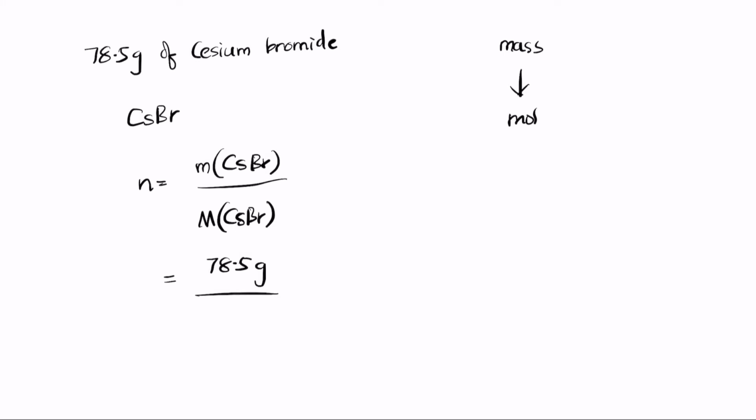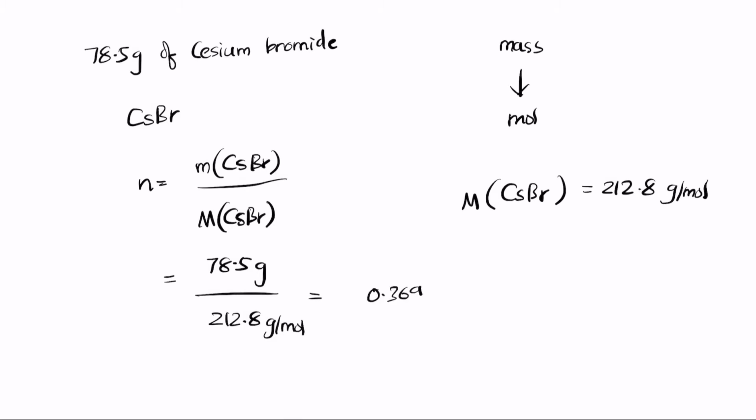When you calculate the molar mass of cesium bromide from the periodic table, you should get a value of 212.8 gram per mole. So that becomes 0.369 mole of cesium bromide.